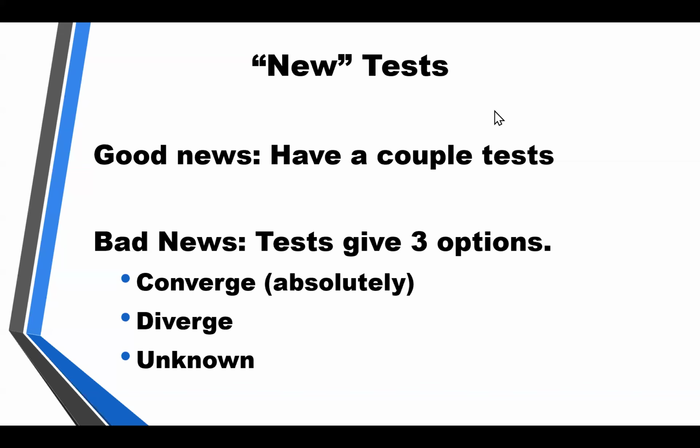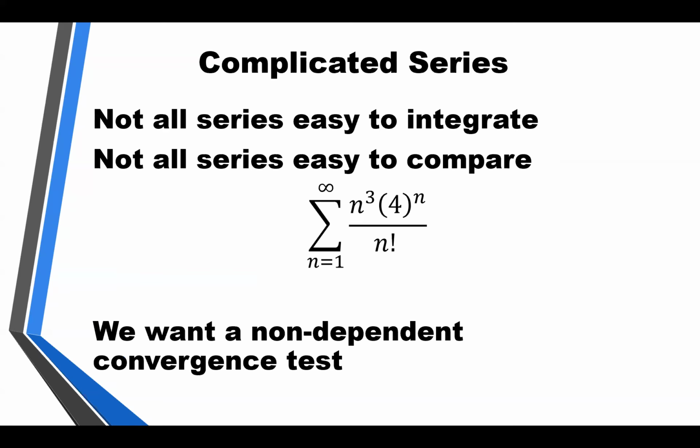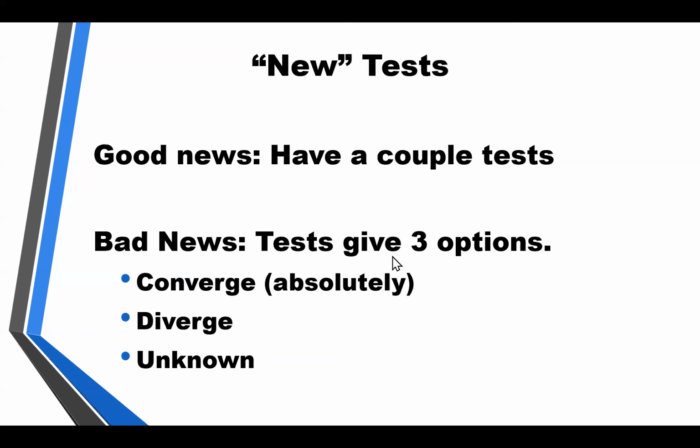So with these two tests, we can handle a few more types of infinite series. We can handle a couple of more complicated infinite series. Things like this. This is one we actually calculated, if you noticed. But again, these two tests have the converge option.